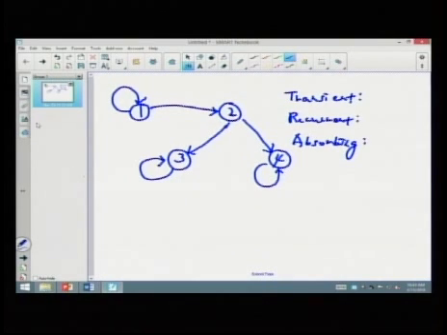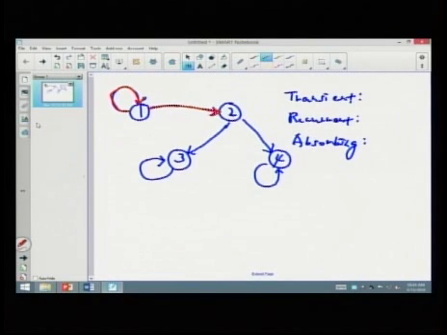So which of these 4 states are transient states? How about state number 1? Of course, if you take this route, then you were going to come back always, right? But the question is, what if we take this path?